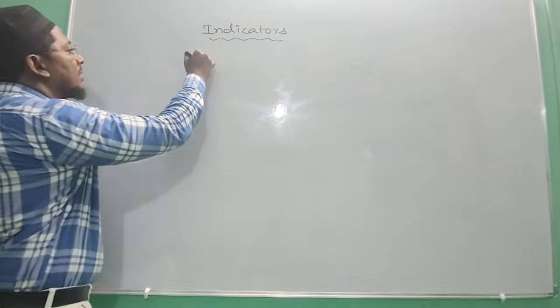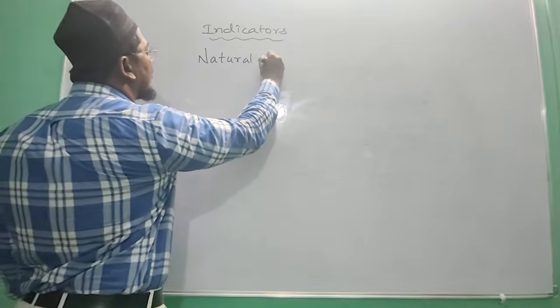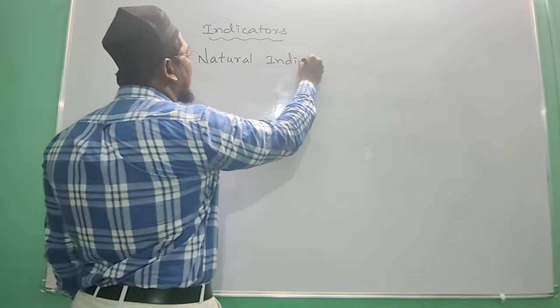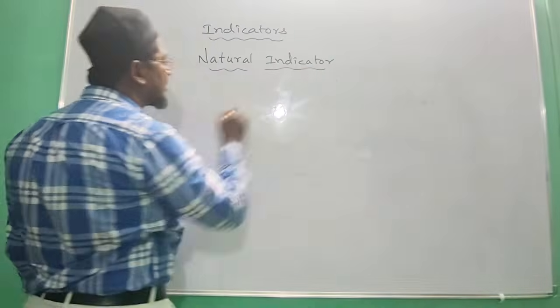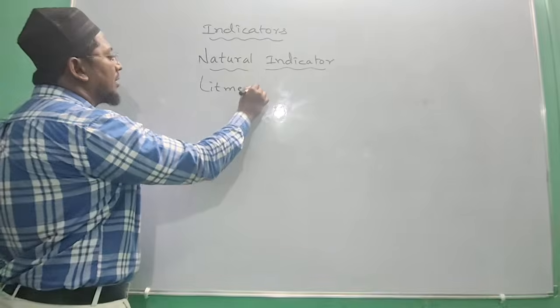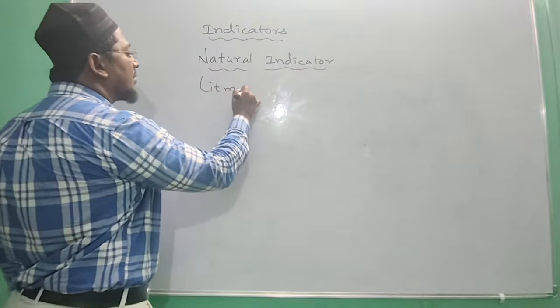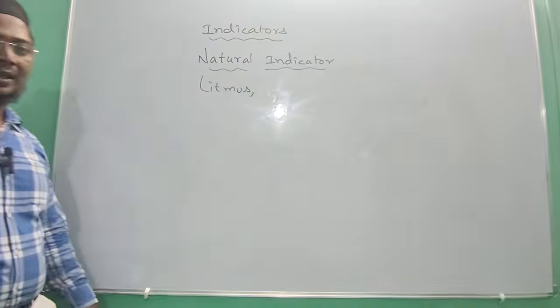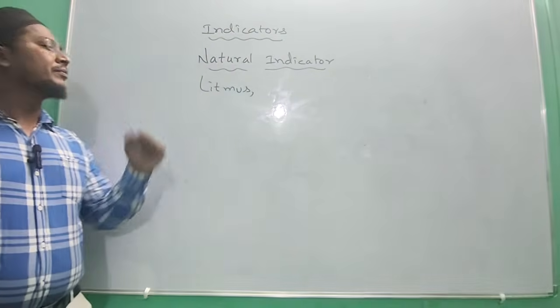The first one is natural indicators. What are the natural indicators? We have four natural indicators. The first one is litmus, blue litmus and red litmus, which we obtain from lichens.